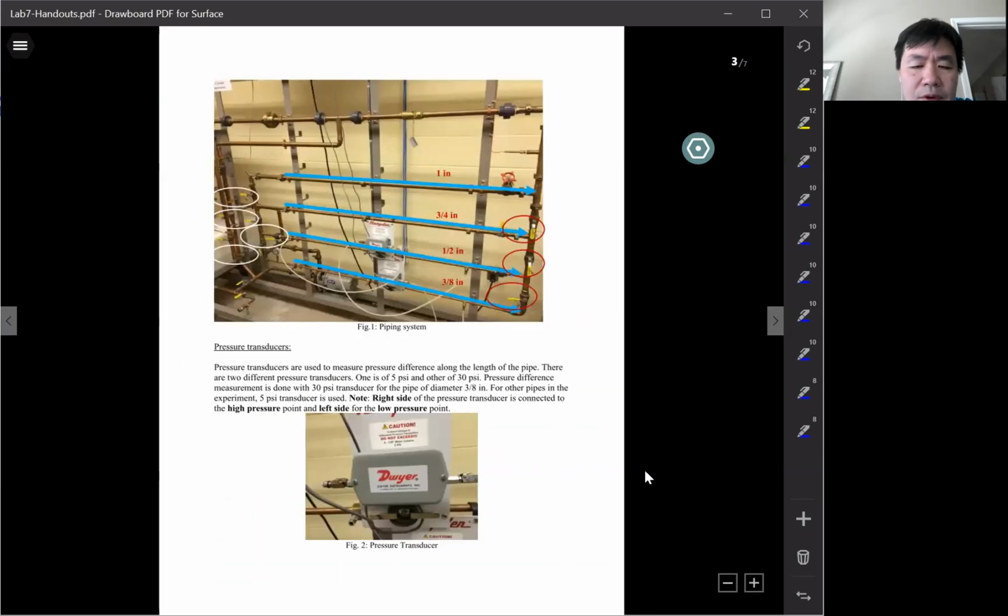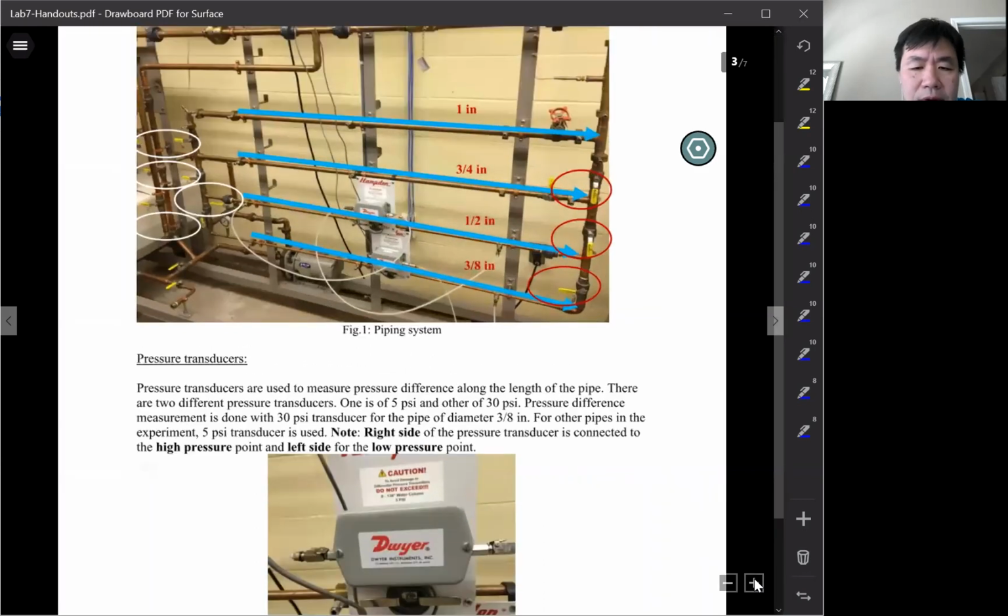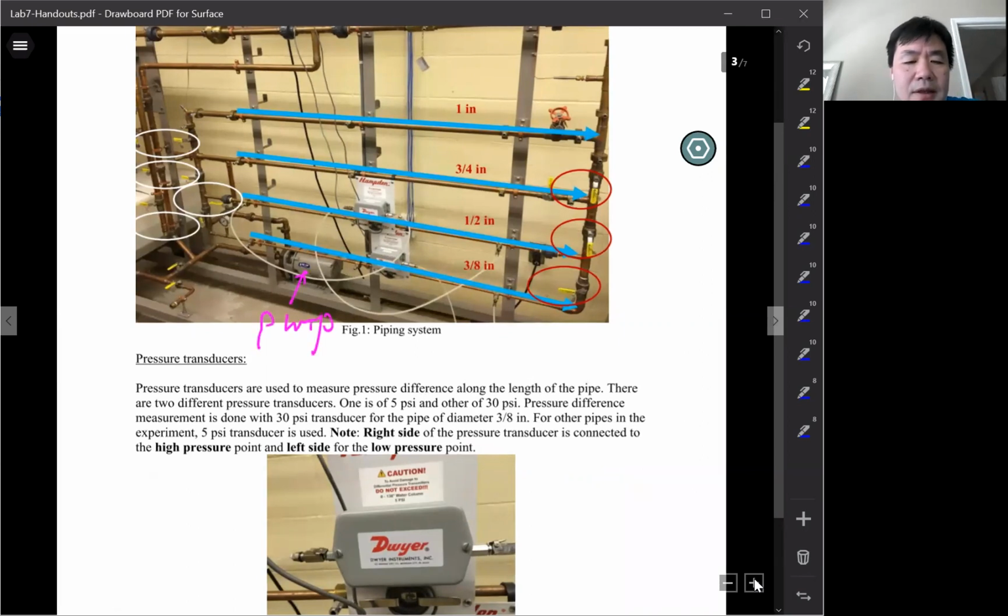Okay, here. Notice, this is the pump. The flow in the pipe is driven by the pump. The pump has suction and discharge, right? Suction and this is discharge. Then it goes to the piping system here. Notice there are a lot of valves.